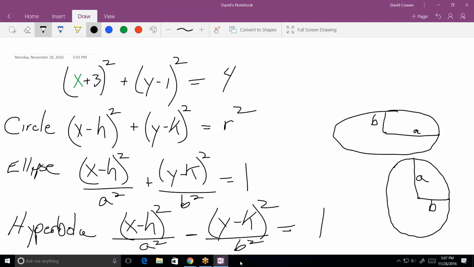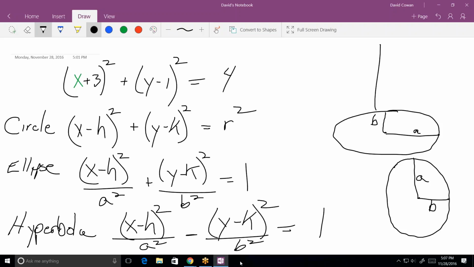That's always b. And in the case of a vertical ellipse, the a would come under the y term, and the b would come under the x term. It doesn't happen with a circle because there's only one way a circle can be drawn, and that's as a circle. There's no orientation to it like you have with ellipses and hyperbolas.